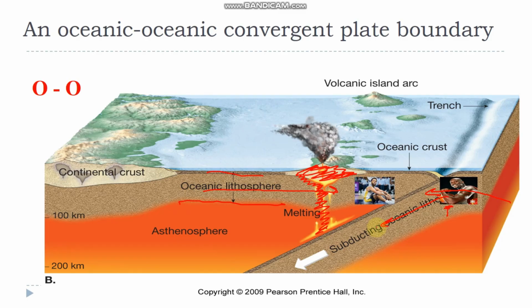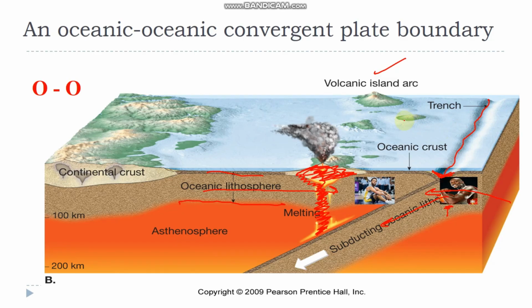As Shaq is being subducted, it's pushed into the asthenosphere, temperatures are really high, it melts and it blisters the overriding plate, and it could form what's called a volcanic island arc. By the way, a trench is a telltale sign of subduction in an ocean, because when the subducting plate hits the overriding plate, it forms a V-shaped depression on the bottom of the ocean floor, and that is a trench.